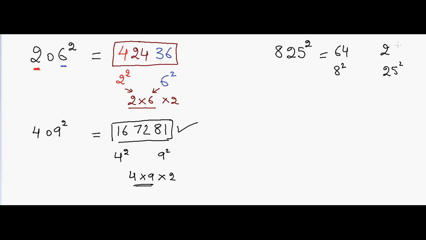So we'll write 25, and then we have to carry the 6, because we can only use two digits at the end. Now if we multiply 8, 25 and 2, that will be 400.